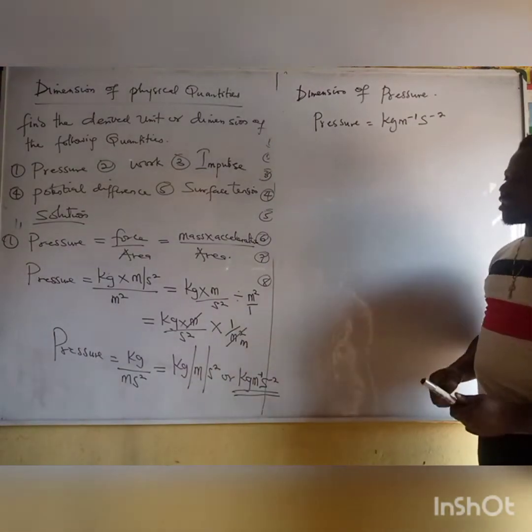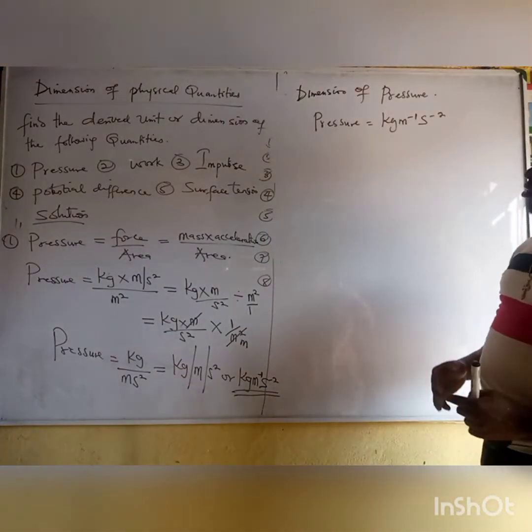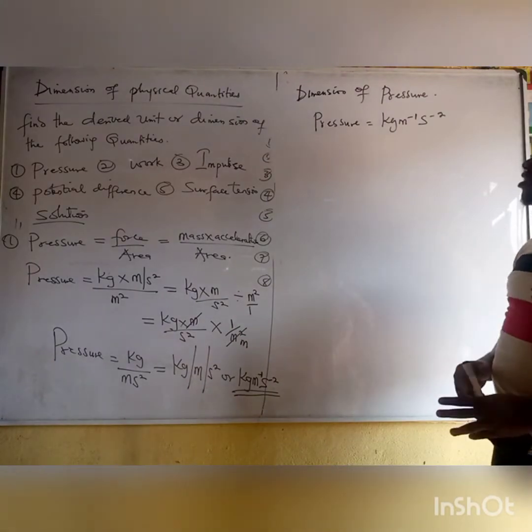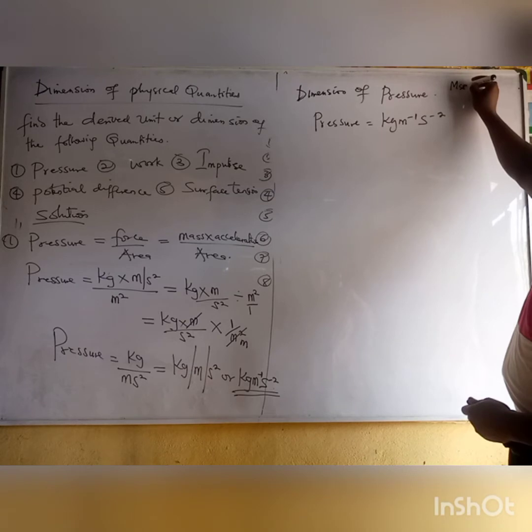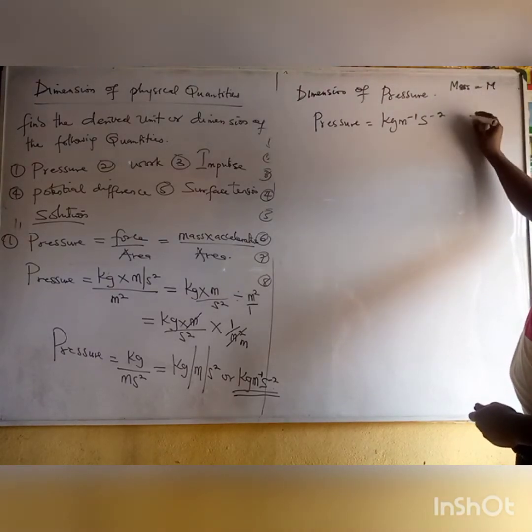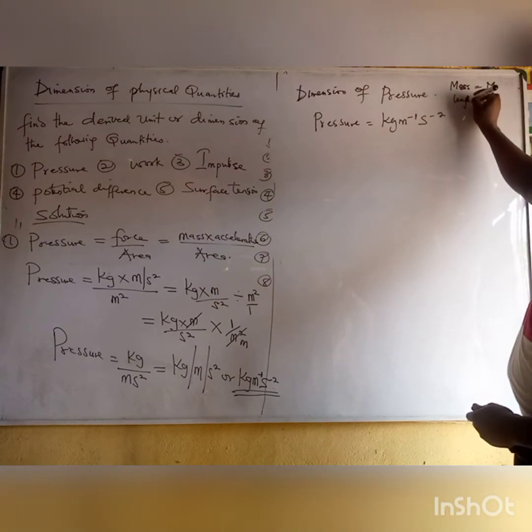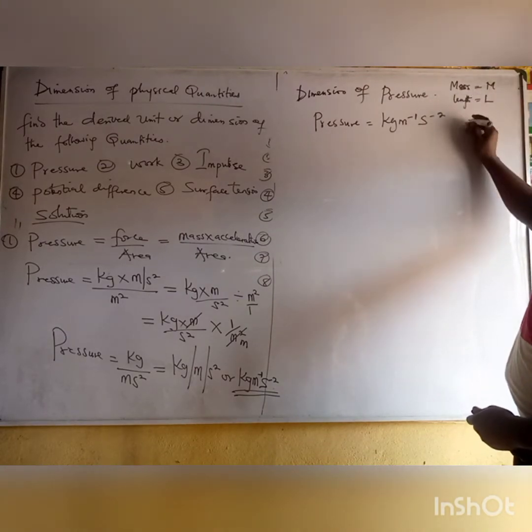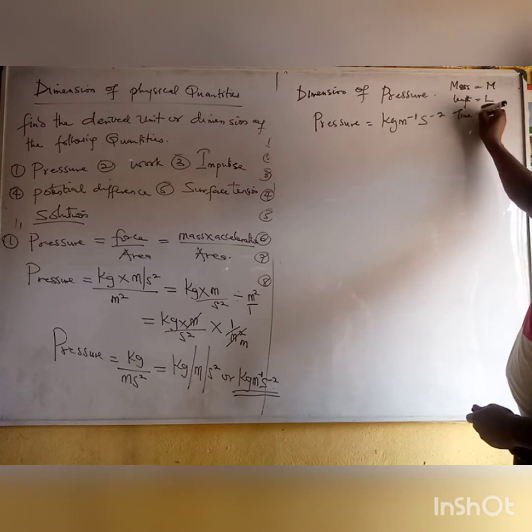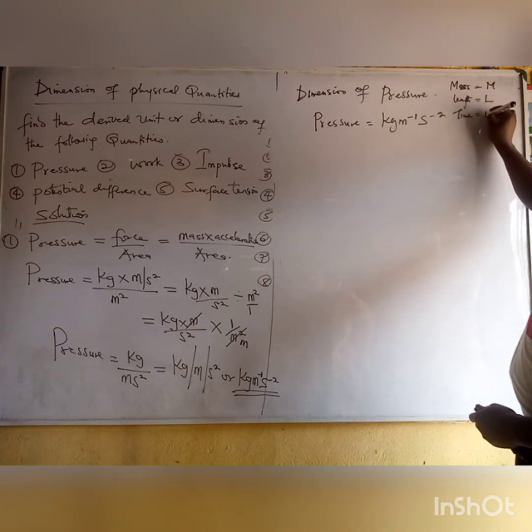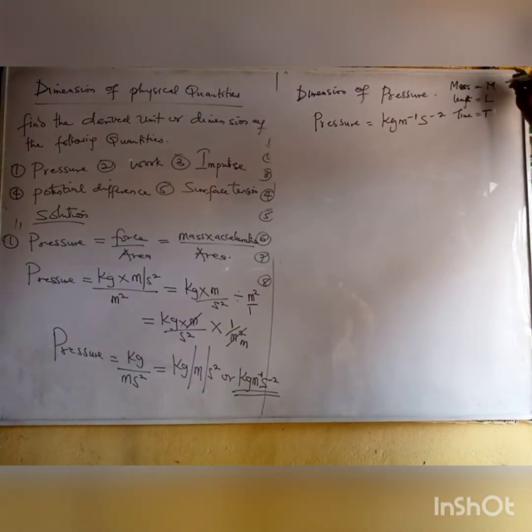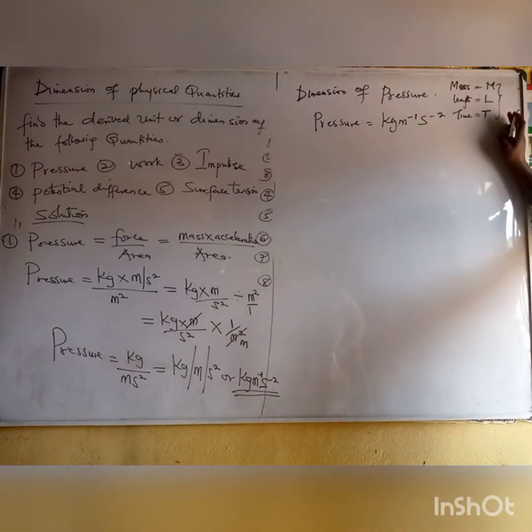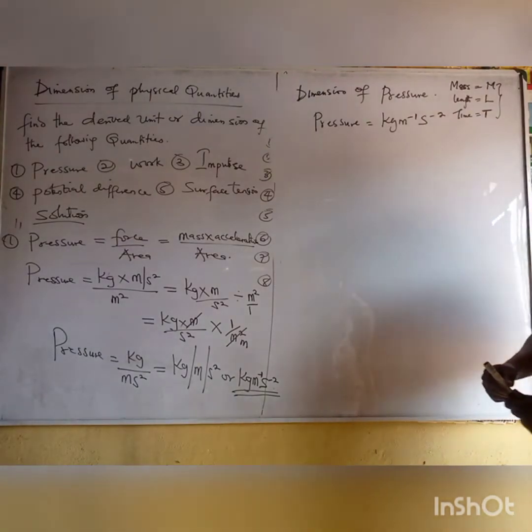When we talk about dimension, we are trying to represent the fundamental quantities with their symbols, where mass is represented with capital M, length is L, and time is T. So representing these fundamental physical quantities with their symbols is what we call dimension.